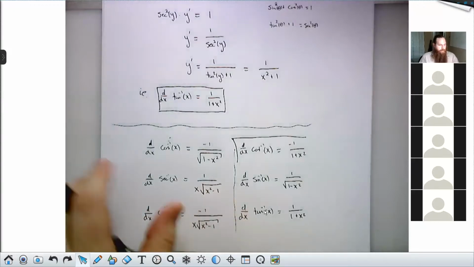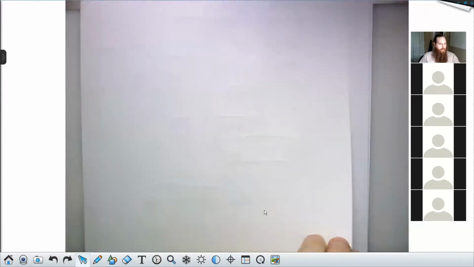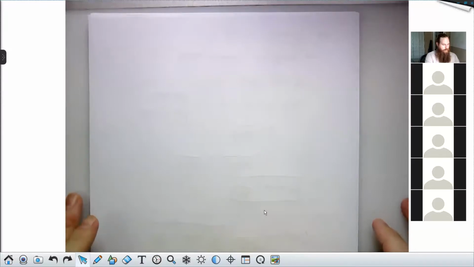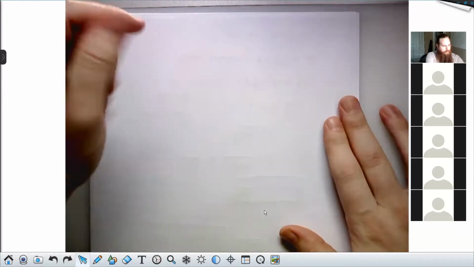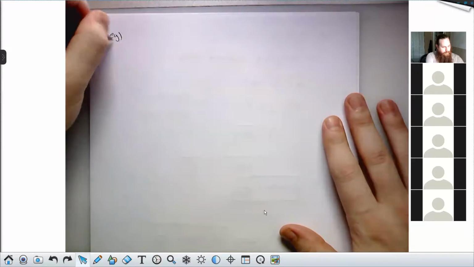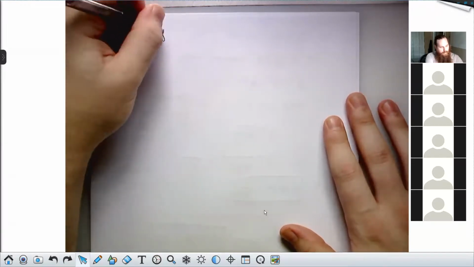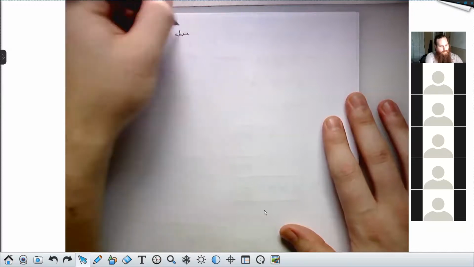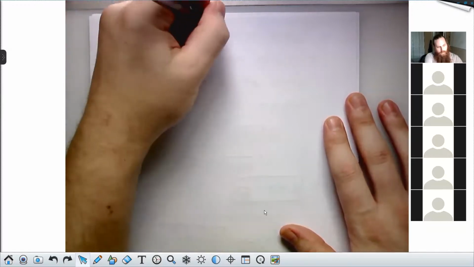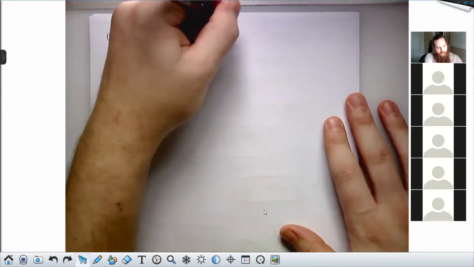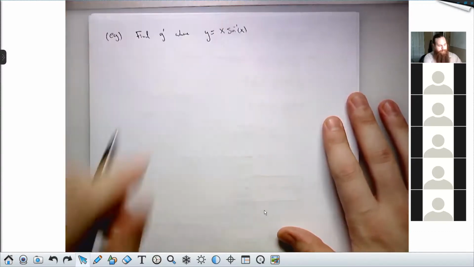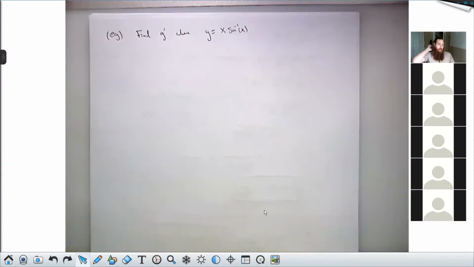So let's practice making use of these a little bit, okay? Let's find y prime, where y is x times the inverse sine of x.